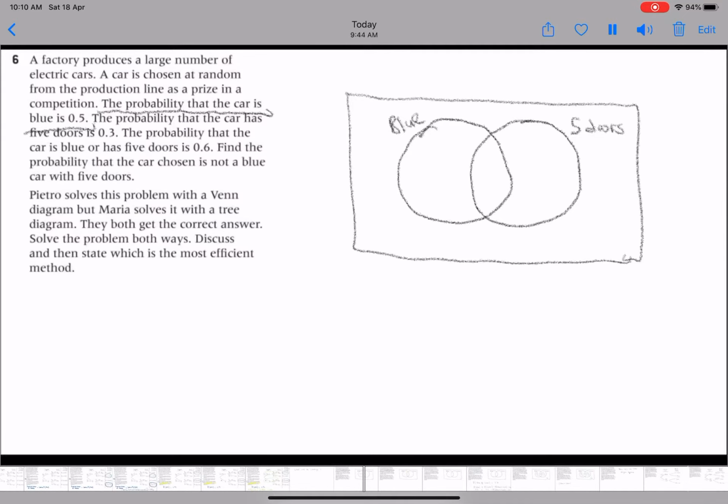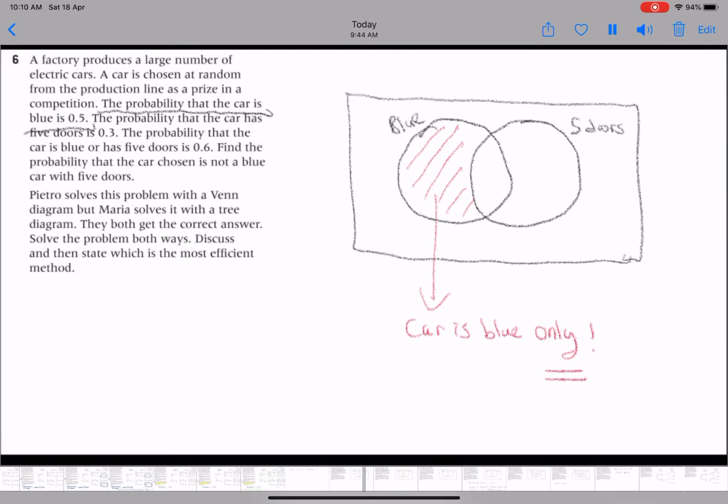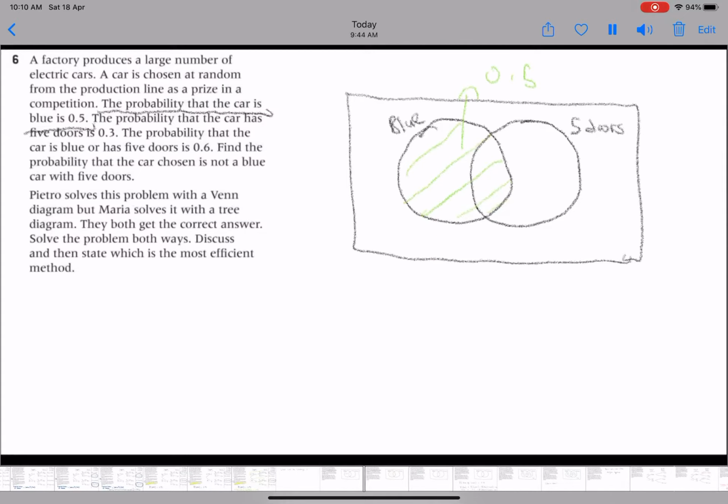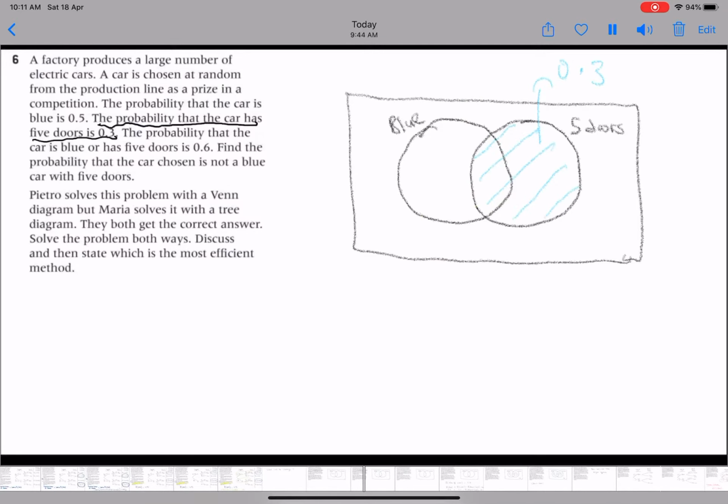In fact, like I said, this region only represents the car is blue only. But if the car is blue without the word only, then it represents this green region. The keyword here is only, and therefore the probability that the car has 5 doors is 0.3. If you follow the same logic, it should be this blue region.